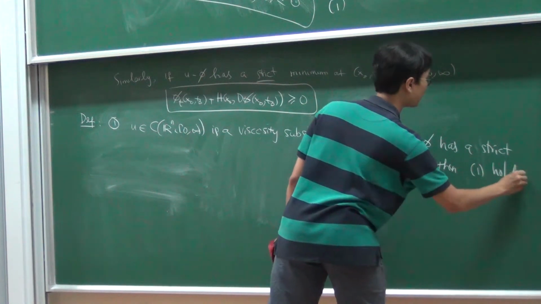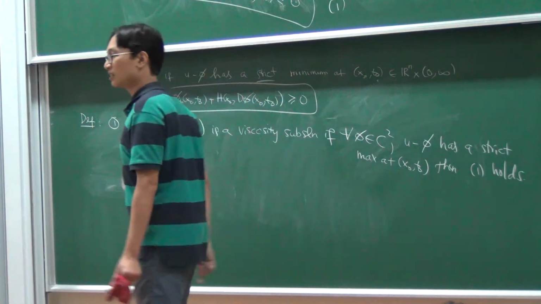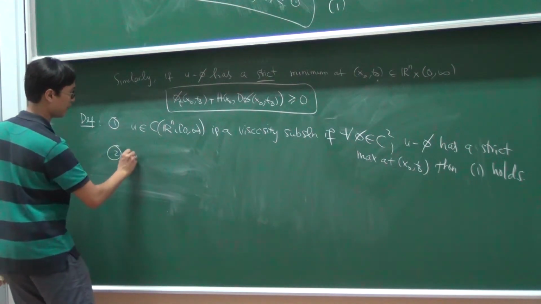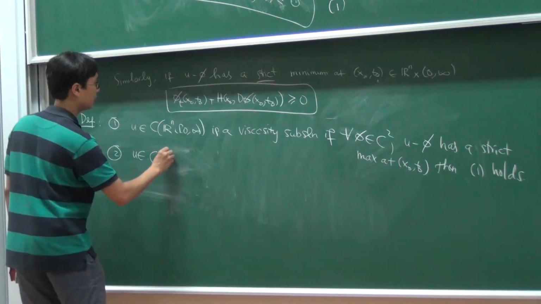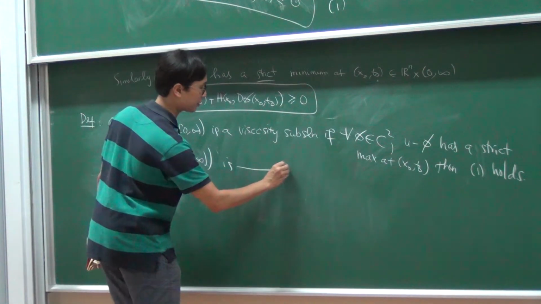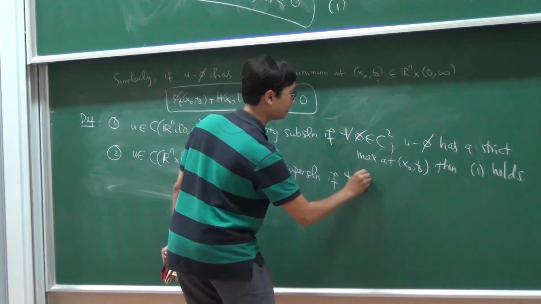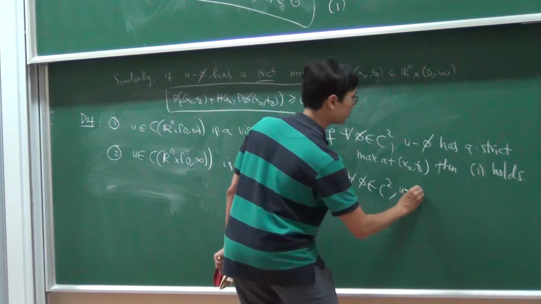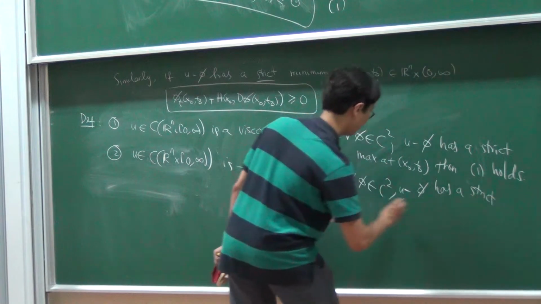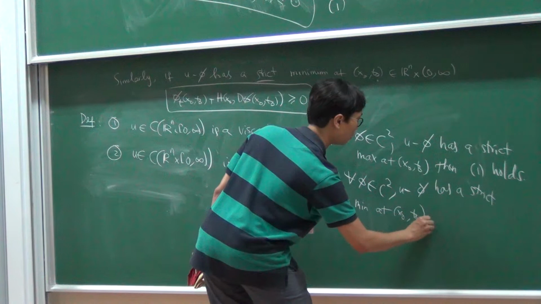So we call it a subsolution. Sub because we have less than. And second, if u is continuous and bounded, it is a viscosity supersolution if for all φ in C1, if u minus φ has a strict min at (x0, t0), then inequality 2 holds.